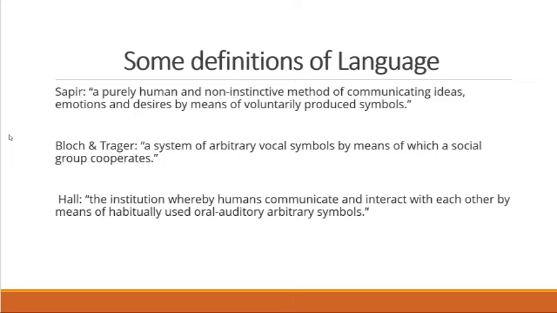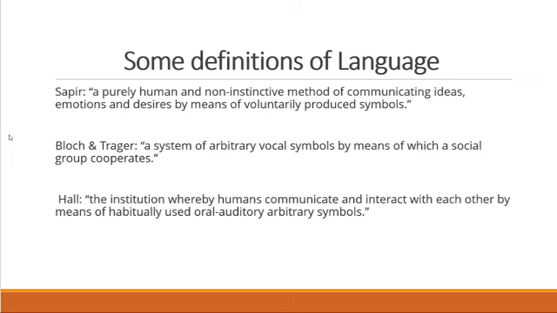By arbitrary we mean random. The symbols that are used in the language are random symbols. It means that they have no logical connection with the words or with the ideas that they are communicating.